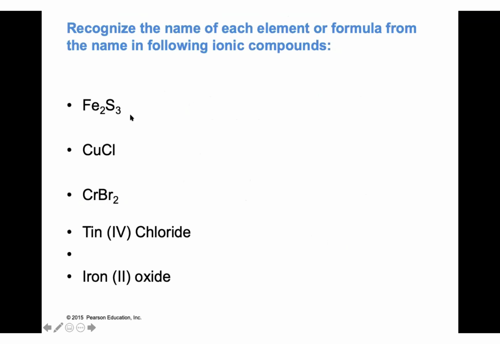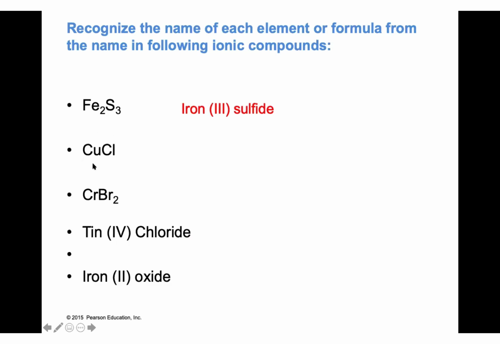So let's name this. What do you think is the name of this compound? We know this is ionic, right? Because it's metal and non-metal. Then I know this is more than one type of charge, so I'm going to emphasize the charge of it. It's going to be iron(III) sulfide. What about this one? The subscript of chlorine becomes the charge of copper.